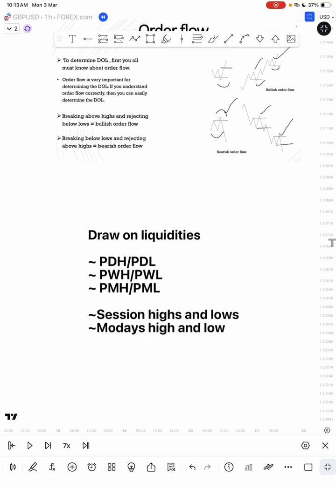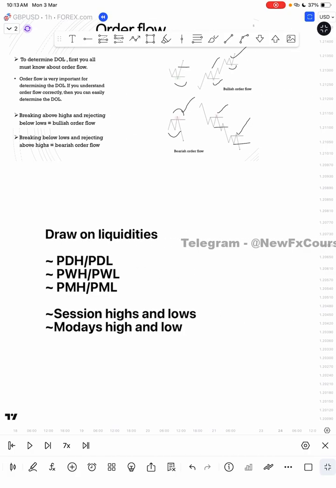So here are some important drawn liquidities. Previous day high: if you are a buyer, you can target previous day high. If you're a seller, you can target previous day low. Let me say if your draw on liquidity is the previous day high, then you can position yourself on the 4-hour CRT time frame to target it.